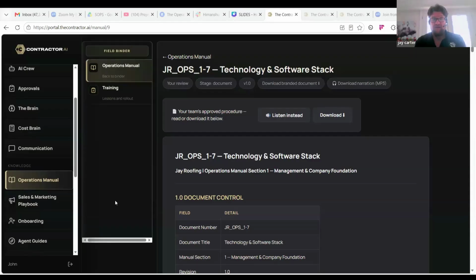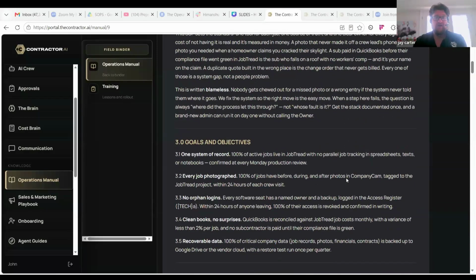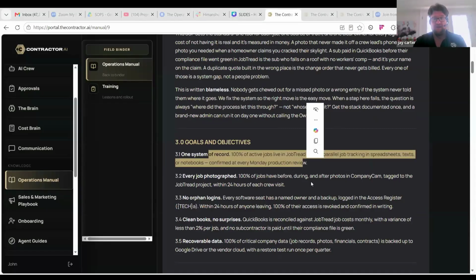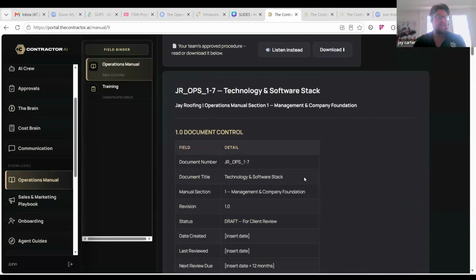So we start off with what the process is for this particular SOP, our technology software stack. What we're able to do is basically break down the SOP so it's done every single time. Now, this is automatically done for you as you highlight sections of it. It makes corrections. So if you see something that's not exactly correct, but for the most part, these are templates that you have to do very little work to make your own.